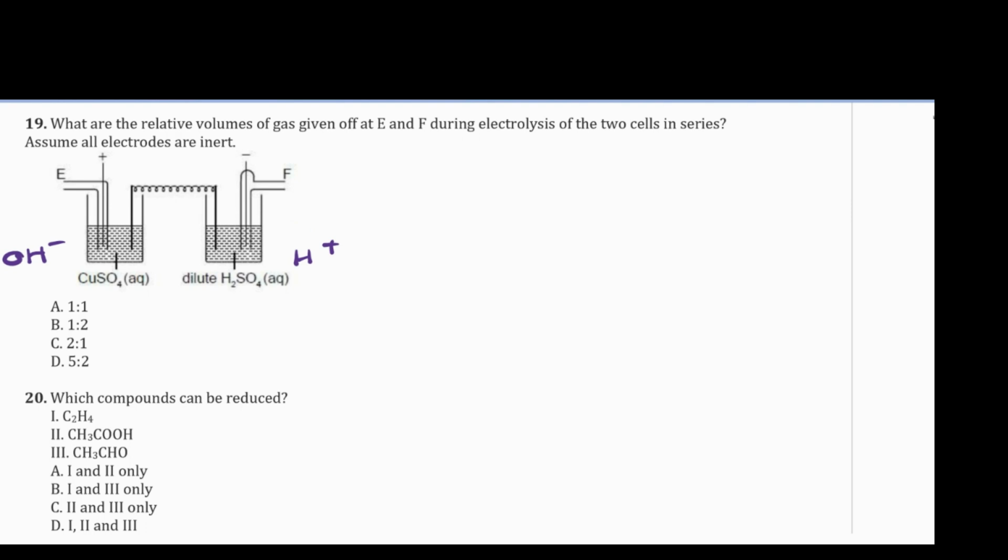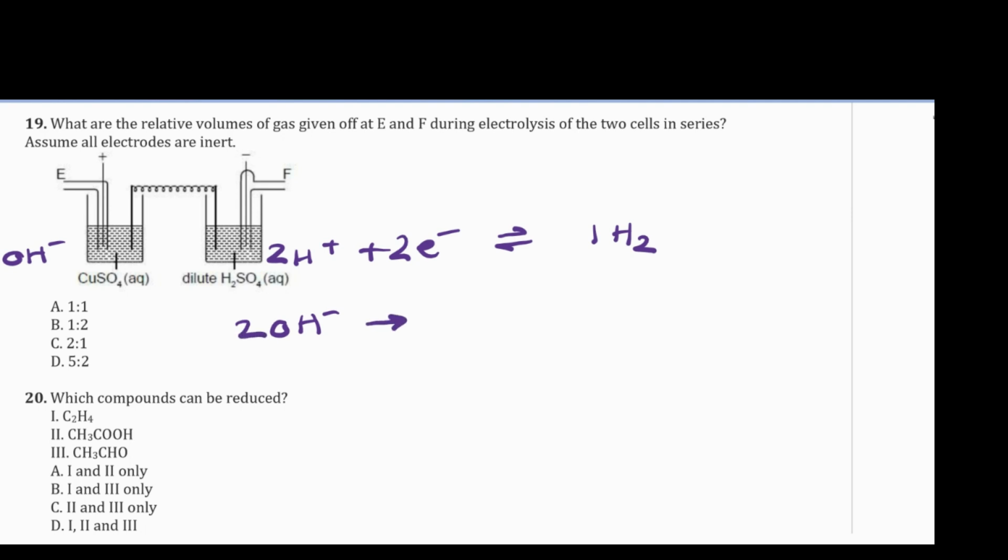Then in terms of our ratios, we're going to need some equations. So for the hydrogen ion, we add an electron, we get half a hydrogen molecule. So let's just make that whole. We'll times by 2. So that will be 1. Then for the OH, 2 OHs.